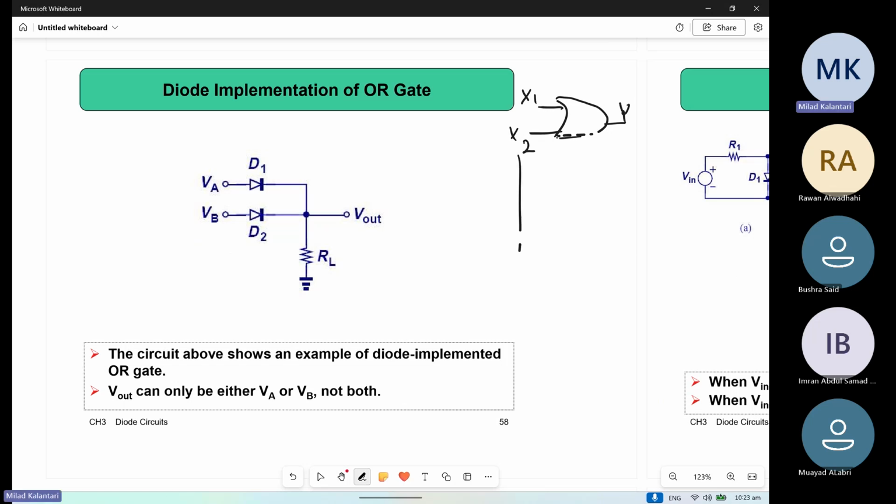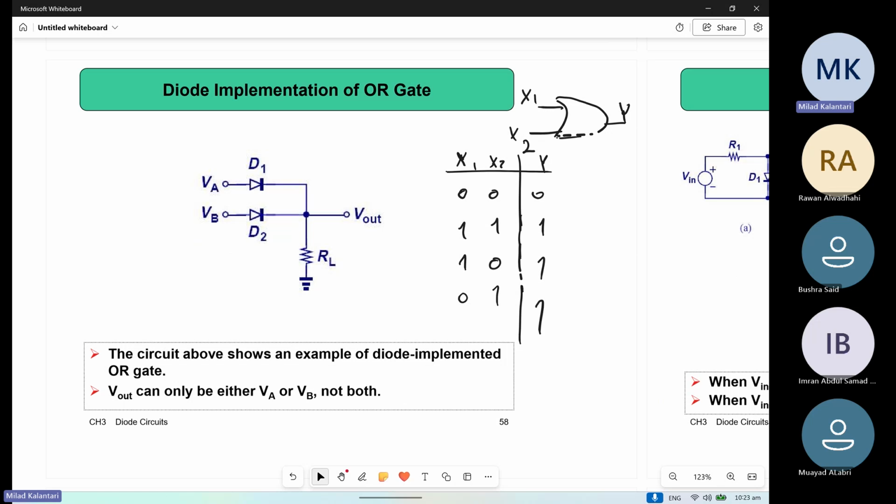Do you remember the truth table for the OR? When x1 and x2 are both zero, the output is 0. Once either of them is 1, the output is 1: 1, 0 gives 1, and 0, 1 also gives 1.